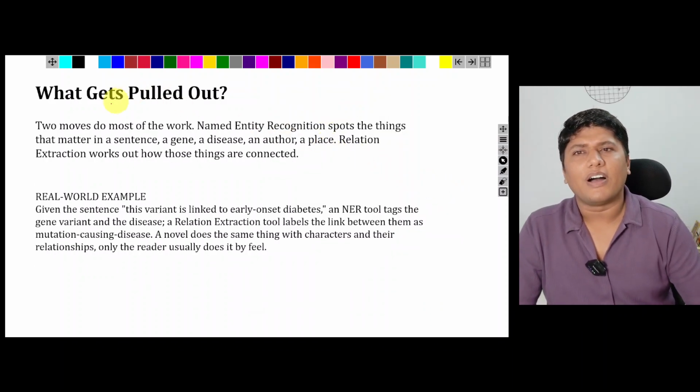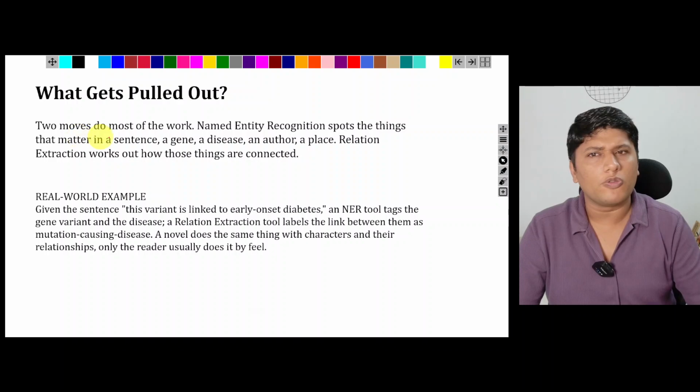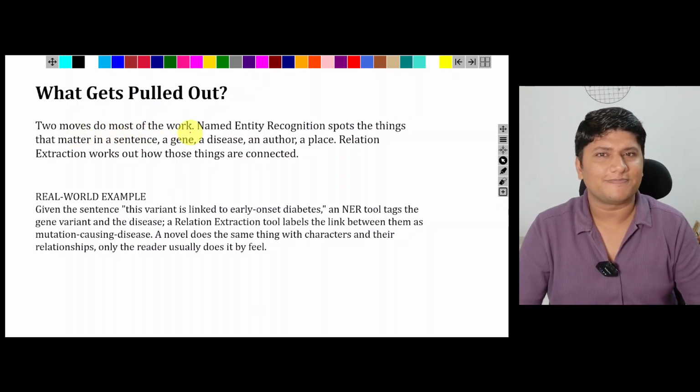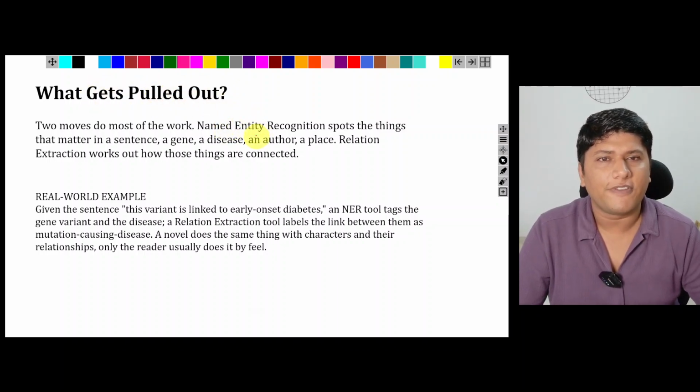The second idea is what gets pulled out. Two moves do most of the work in deciding what gets pulled out. First is named entity recognition.